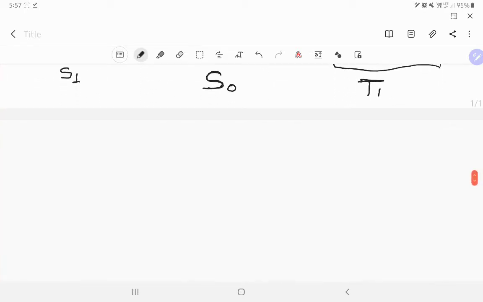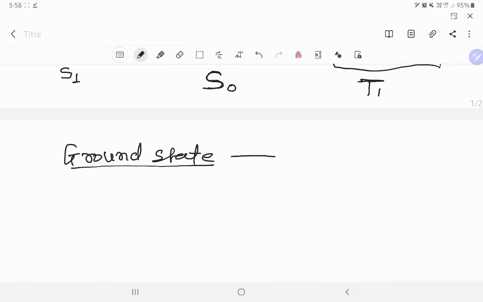Now when any ground state molecule absorbs energy, there is an excitation of the molecule.